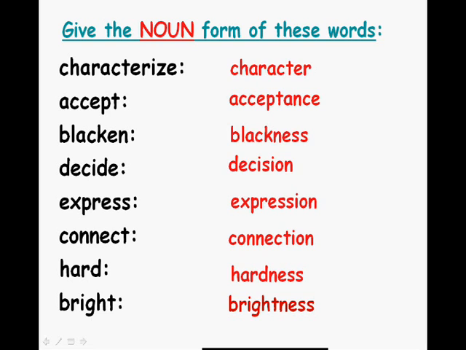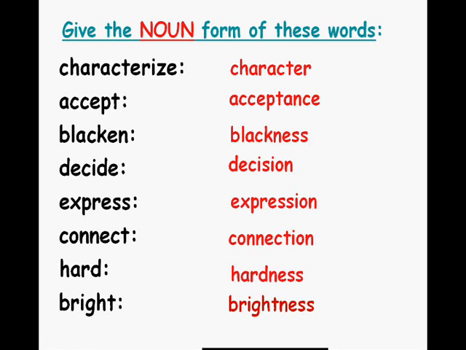Let's have a look again at these words and their noun forms. Okay, so we have characterize, character, accept, acceptance, blacken, blackness, decide, decision, express, expression, connect, connection, hard, hardness, bright, brightness.